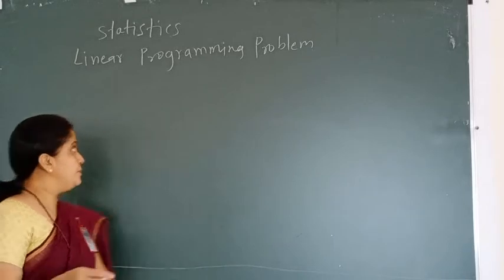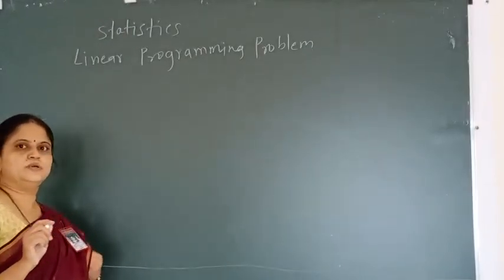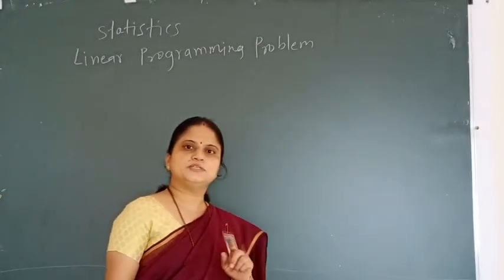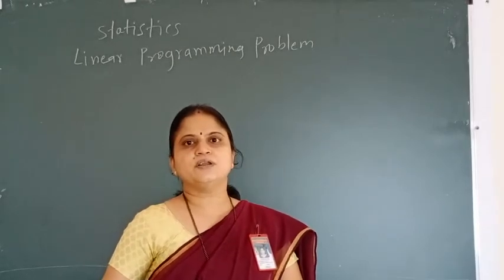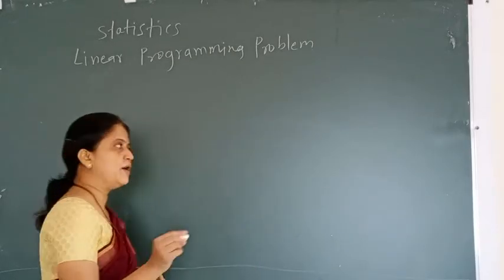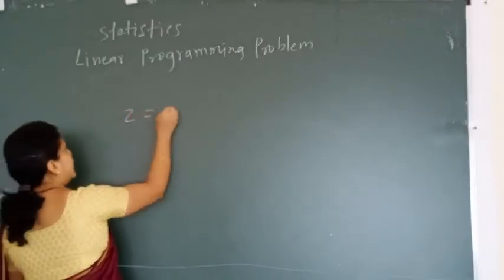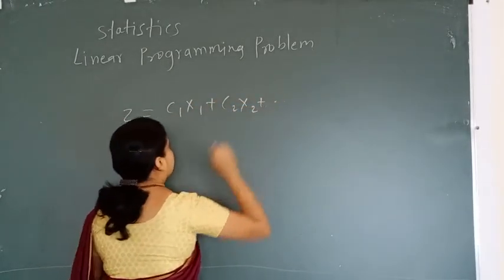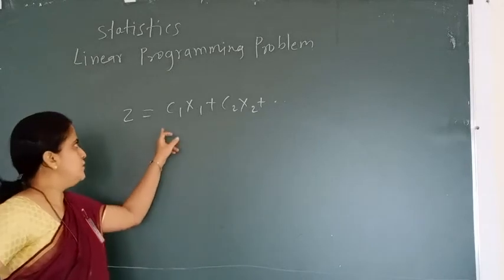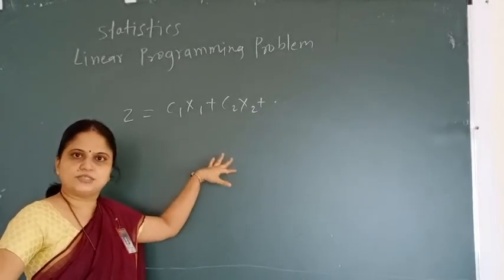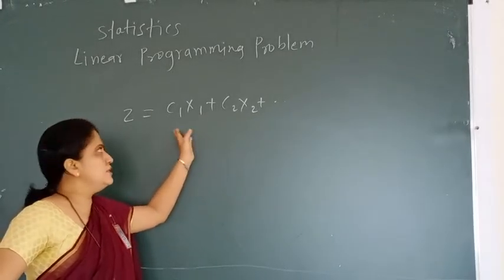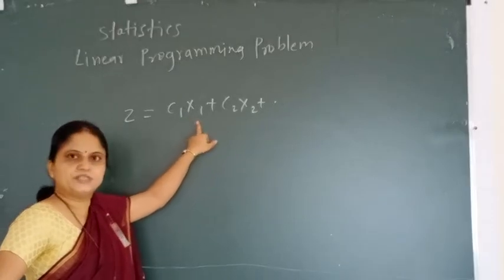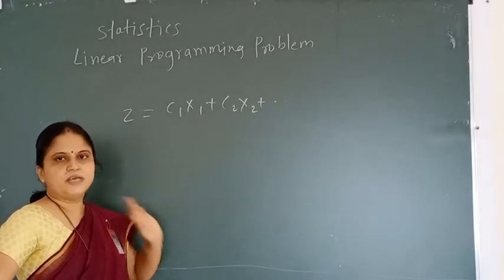In LPP, first is the objective function, that is our main equation, in the form of z = c1x1 + c2x2 + and so on. Over here c1 is the cost related to item x1, and c2 is the cost related to item x2.